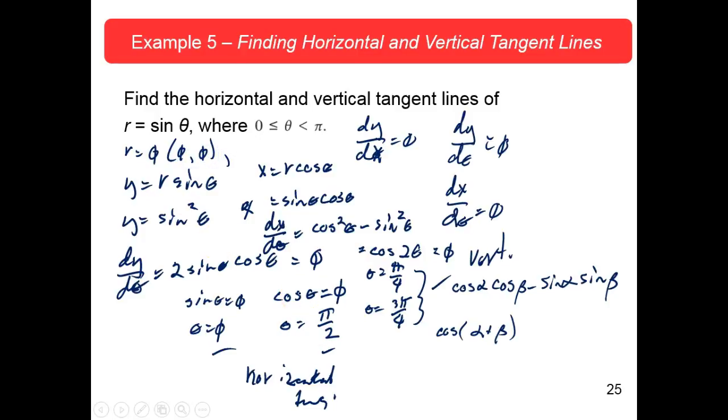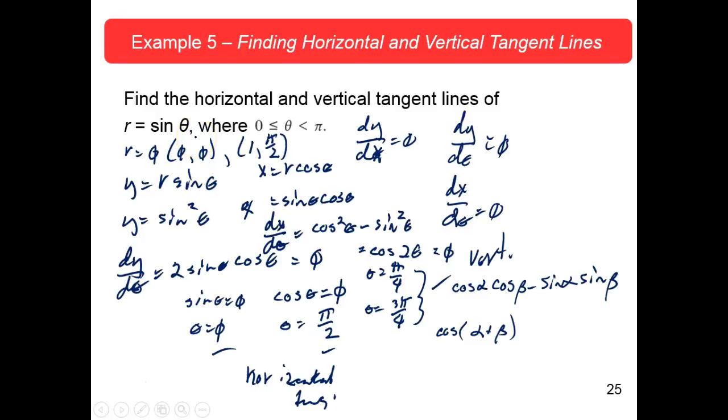And this one at pi halves, r is equal to 1, so that would be 1, pi halves, it's r theta. Okay. 1, pi halves. Those are the points where you have horizontal tangents.